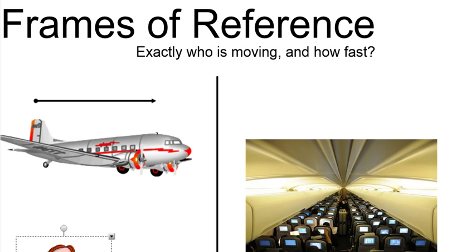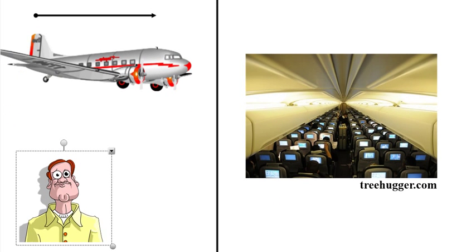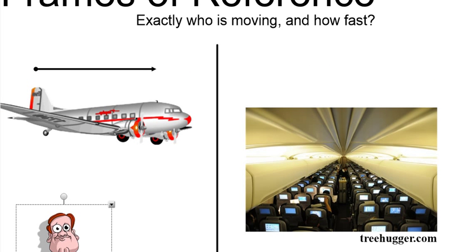Frames of reference. Okay, so we need to be thinking about exactly who is moving and how fast. This depends on your frame of reference. For example, let's say we have an airplane and it's moving to the right at, we'll say, 250 meters per second.